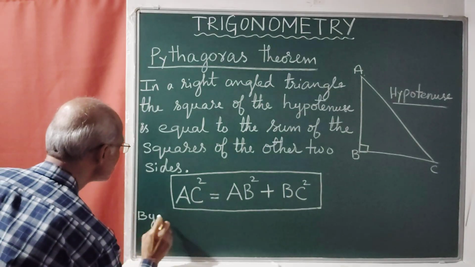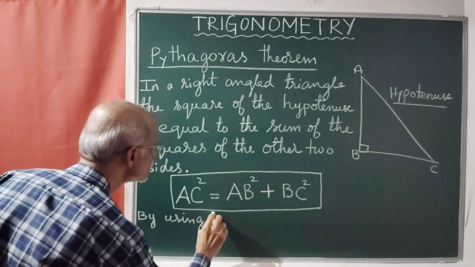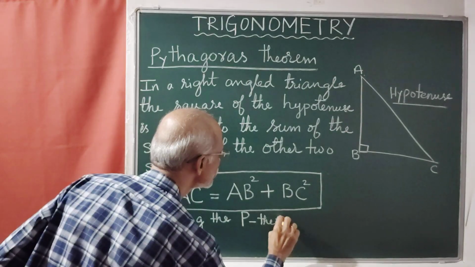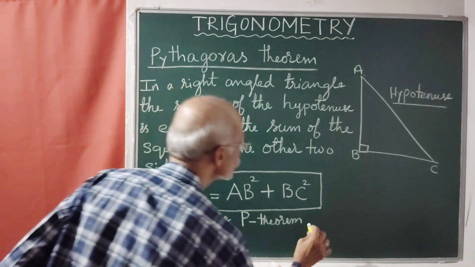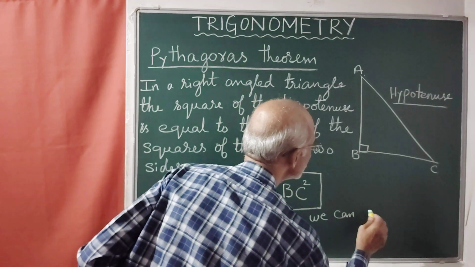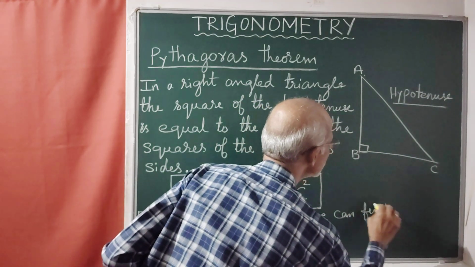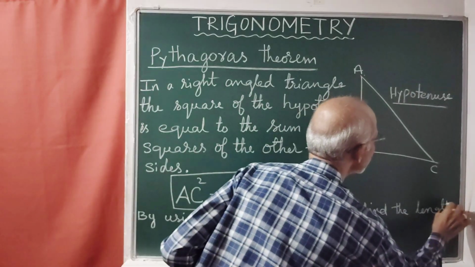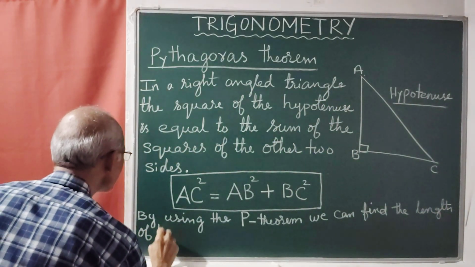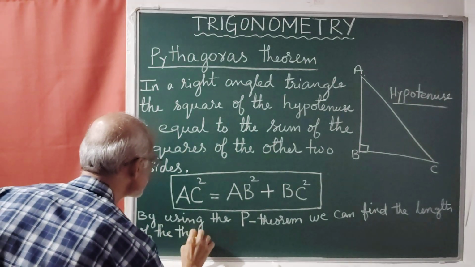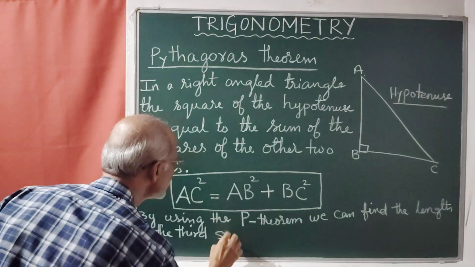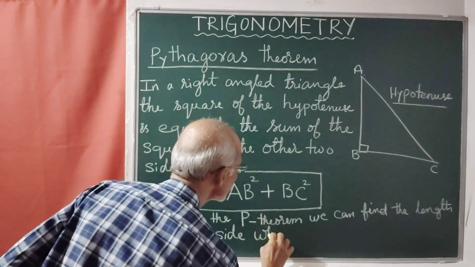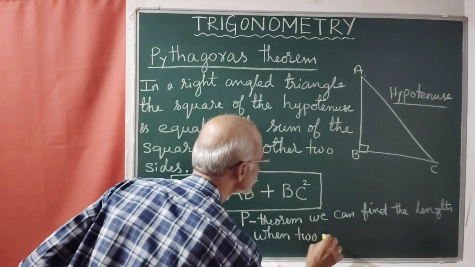By using the Pythagoras theorem, we can find the length of the third side when two sides are given.